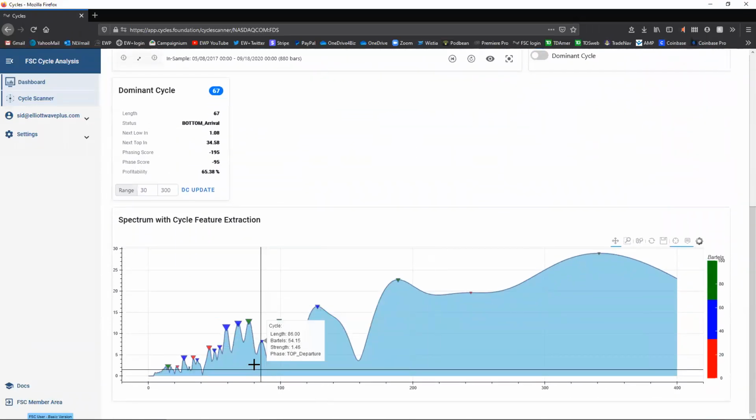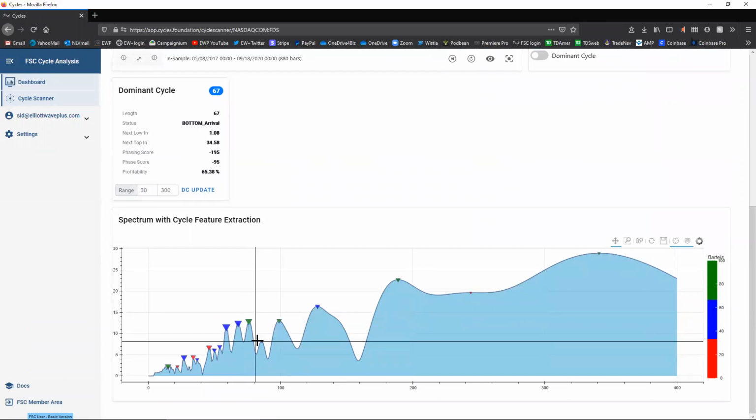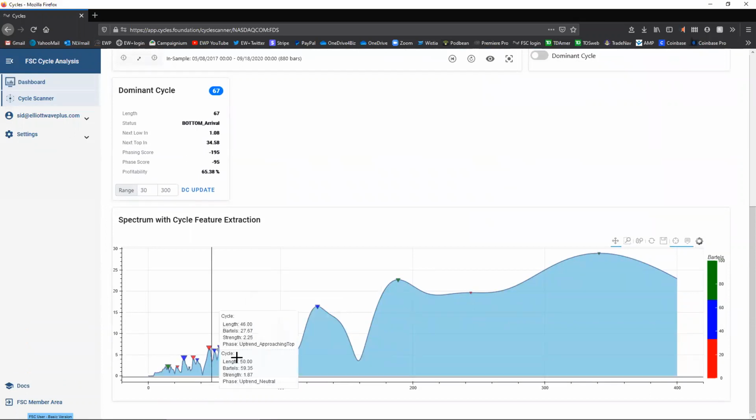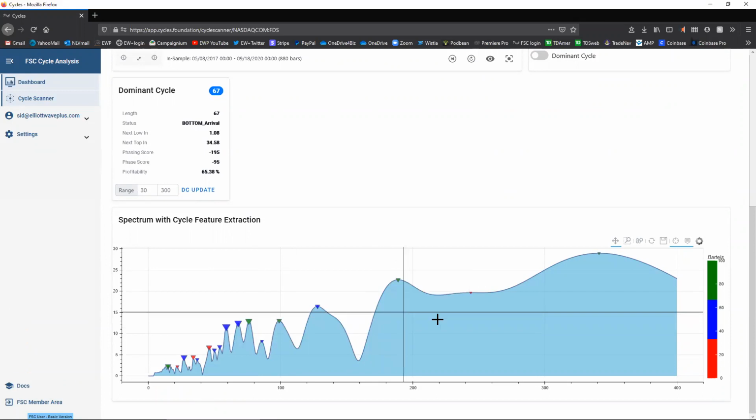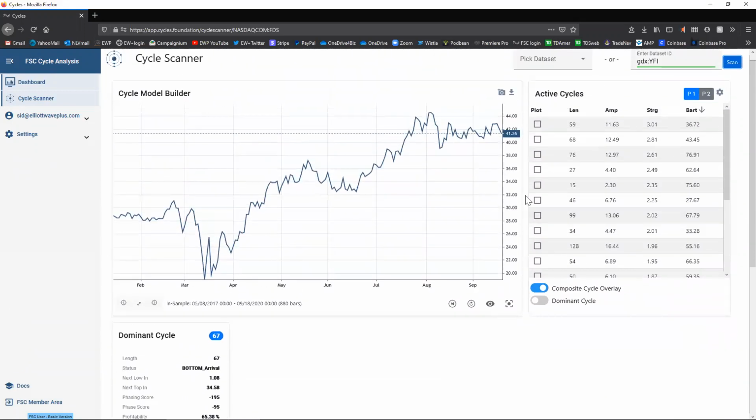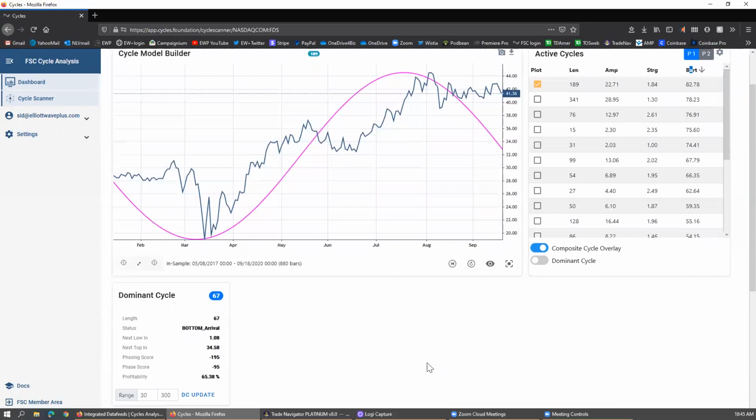We've got 76 is the biggest green triangle I see. Also 189. Matter of fact, 189 is the strongest of the Bartels. It's made the highest peak.